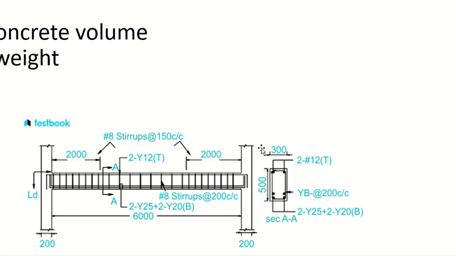It's a beam. What are the supports of the beam? Columns, right? So near the columns, the stirrup spacing will be less. In the middle, the stirrup spacing will be more.